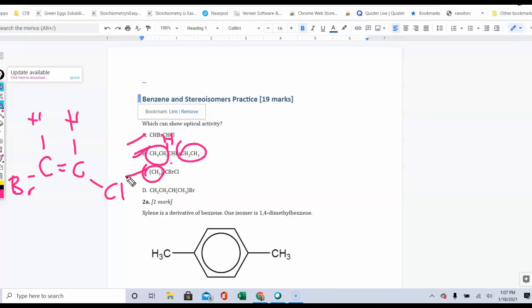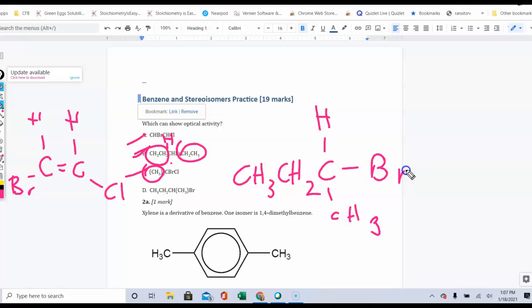And so then let's take a look at our final one where we have a CH3, CH2, C, CH3Br. So what I basically have is a CH3, CH2, and then I have a C with an H bonded to it and a CH3 bonded to it and a Br bonded to it. And that's my one that has that chiral center, and that's the one that's going to have optical activity.